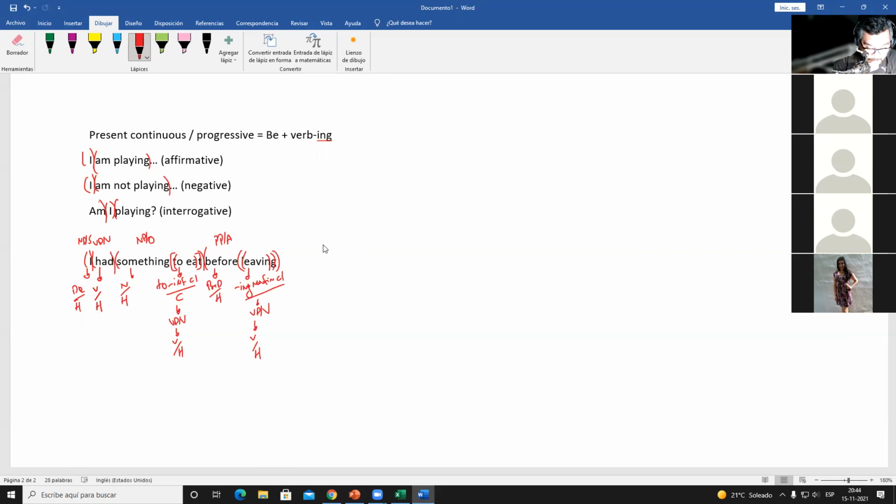Okay, and they receive their names because of the form of the verb phrase. To eat, as it is a to infinitive, will create a to infinitive clause. Leaving, as it is an ing, will create an ing clause, right?